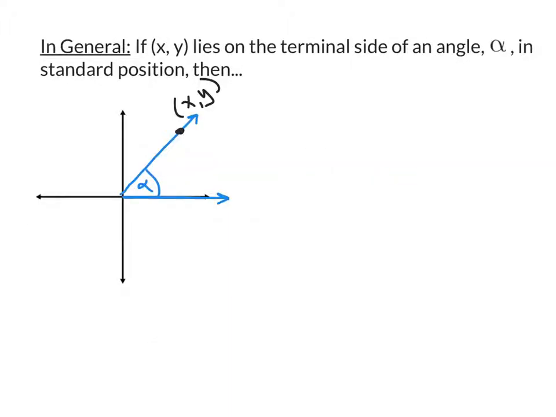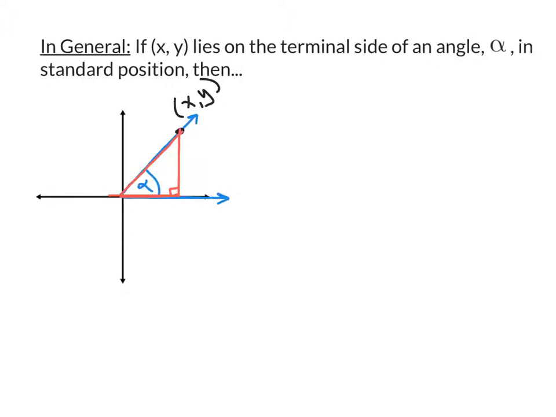So now what if we generalize this idea? What if we're talking about any point that lies on the terminal side of an angle alpha in standard position? Well, just like before, we can draw the triangle in there and create this right triangle. And we know a couple of the lengths.